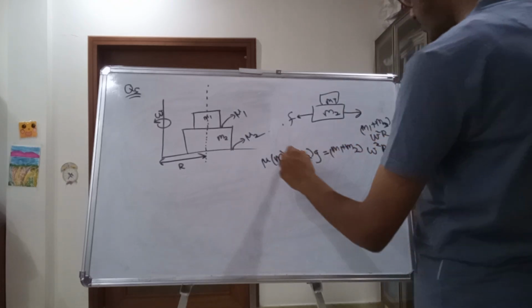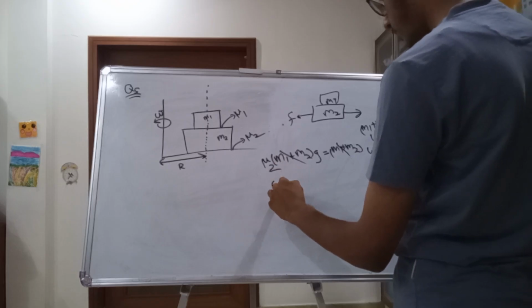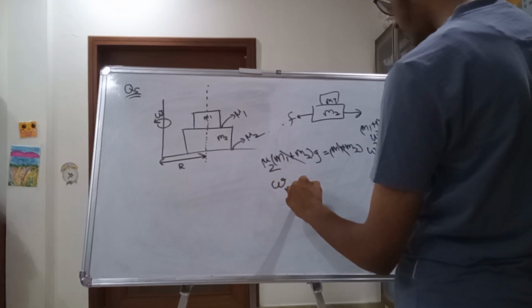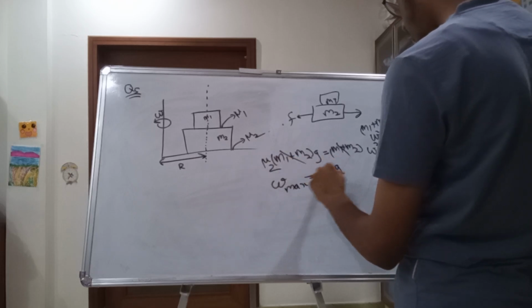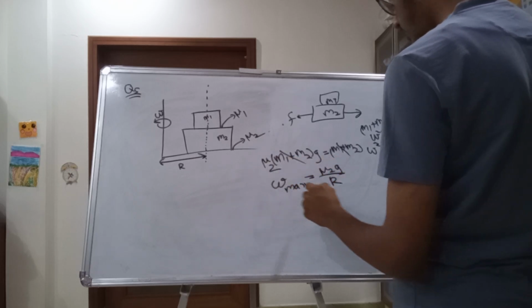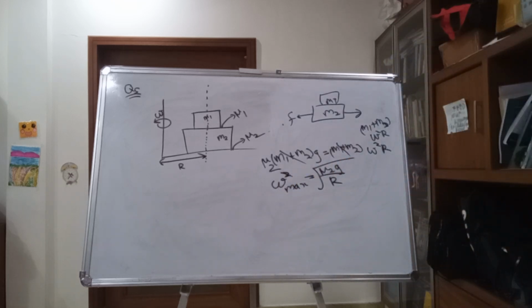From this, M1 plus M2 get cancelled and this is going to be mu2. So the maximum omega that we can apply will be equal to mu2 g divided by R. Right, this is omega square. If you remove this square, you will get a square root. So the maximum omega that can be applied will be equal to root under mu2 g by R.